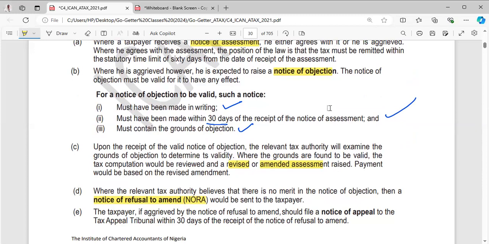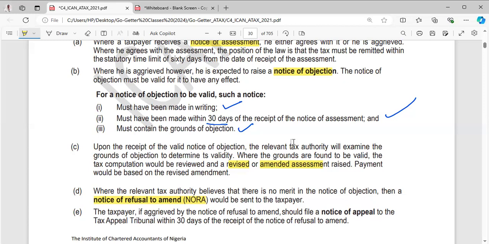Now, when you receive this NORA, notice of refusal to amend, it will state that they are refusing, they are adamant, you must pay that tax. Now, when you receive a notice of refusal to amend, the tax authority will give you another 60 days within which you should pay that tax.